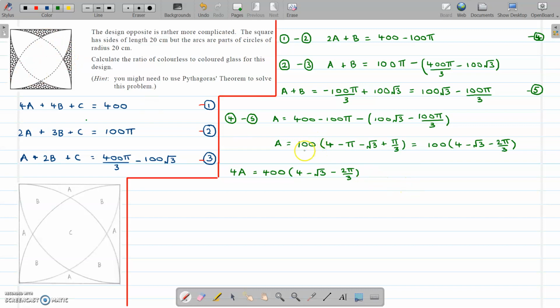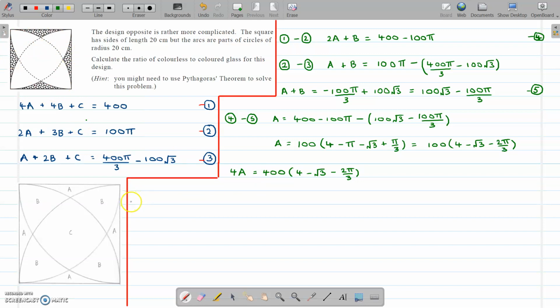Okay, now we're nearly there because what we need is the ratio of the white to the shaded. Well, look, if we know the area of the shaded, we can easily find the area of the white, because the white area is just going to be 400, that's the area of the square, minus the shaded.